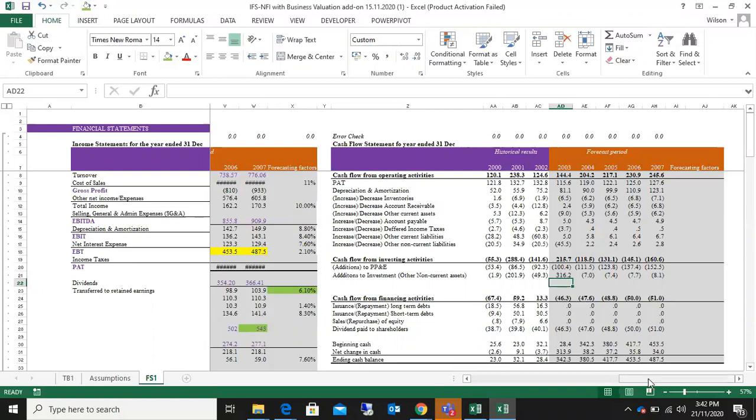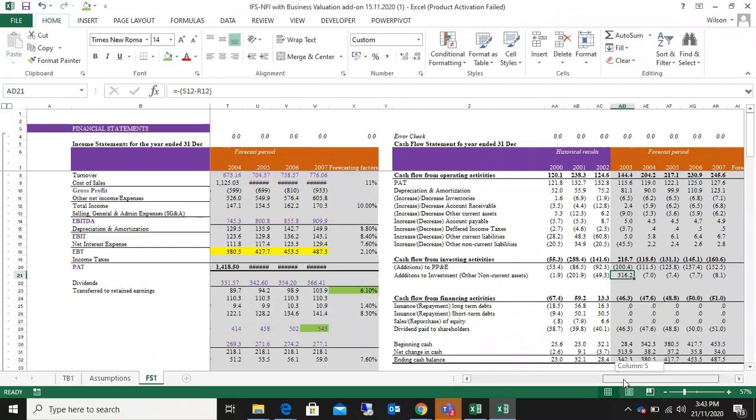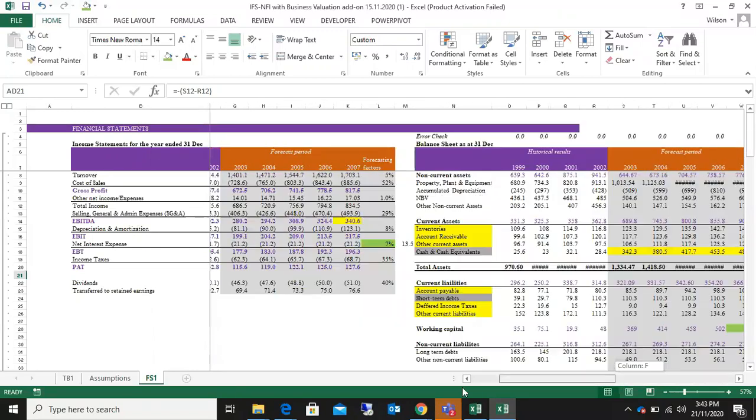So if it is negative, it's an outflow, right? If it is positive, it's an inflow. So we must have sold an investment here. For the ones that are negative, it's an outflow, because we are paying cash for acquiring more investment.